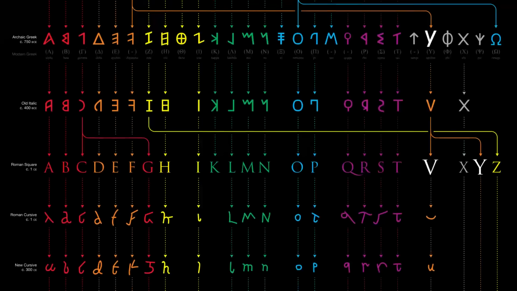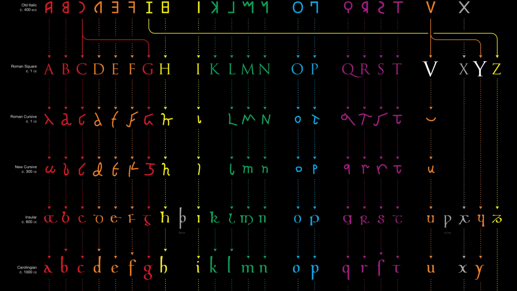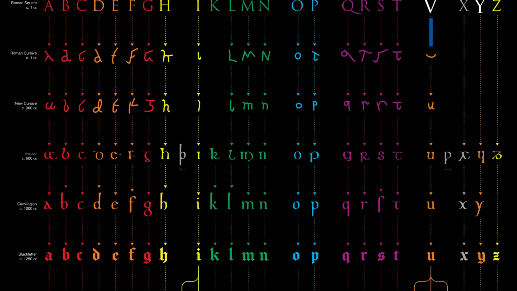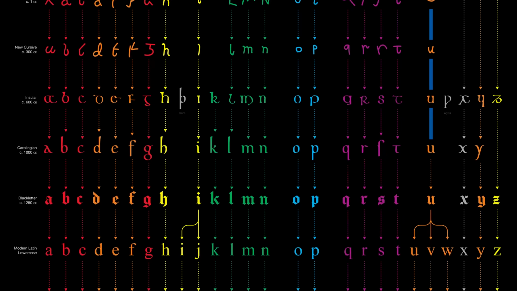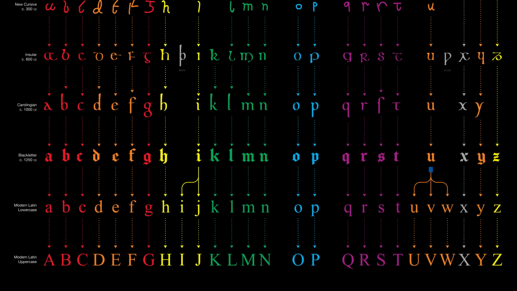Eventually, the letter came to look like our U, but it continued to do the work of both U and V, as well as sometimes W, all the way up until the invention of the printing press. At that point, it was split into U and V, and then eventually a W was added as well, which strangely actually often looks more like a double V.